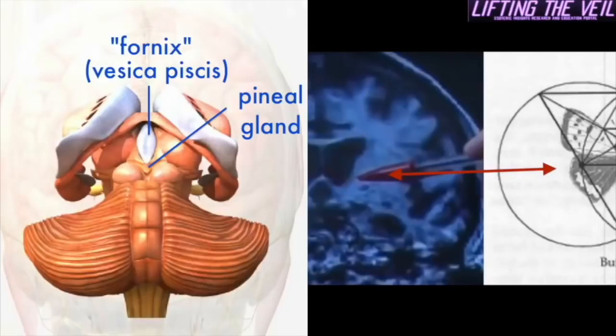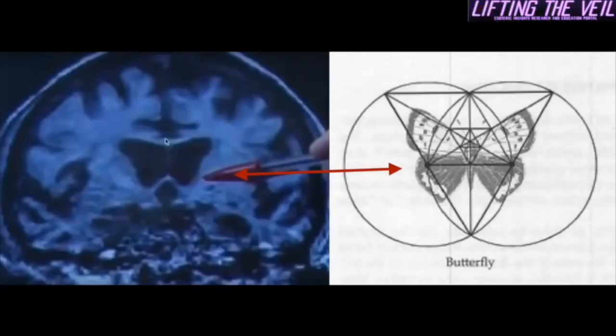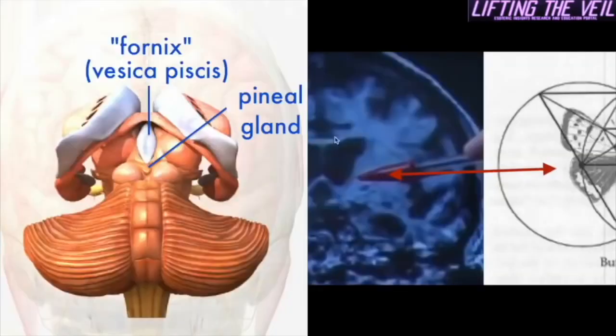I'll show that geometry in a second. But what we can see is the Vesica Pisces related to the geometry of a butterfly, the Vesica Pisces relating to the innermost chamber, the first, second, and third ventricles of the optic thalamus.